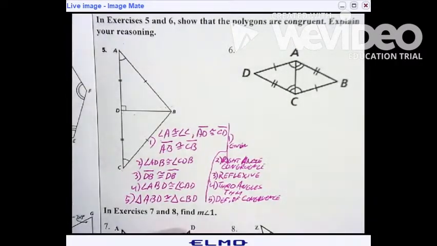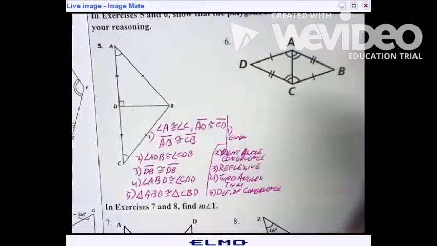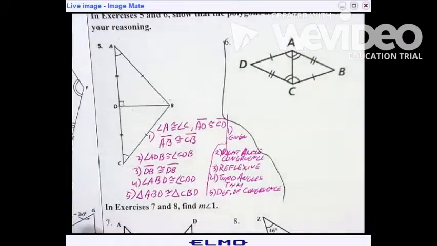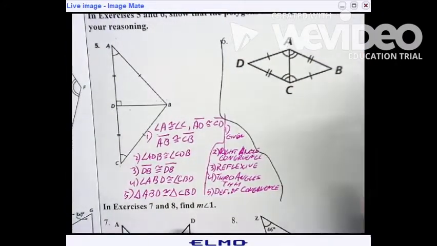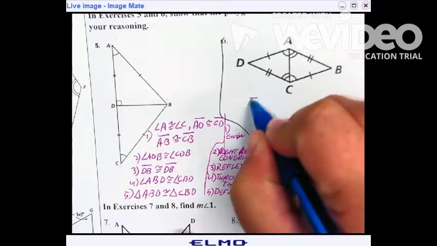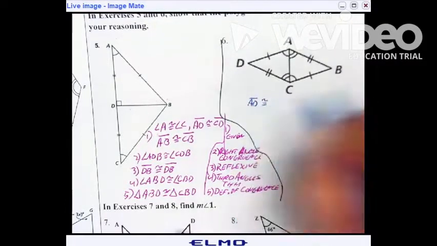First, let's start with everything that is marked as being congruent, or given information. Keep this stuff separate, and I'll change colors. That will help too. Okay, so we know that segment AD is congruent to, which one is that?